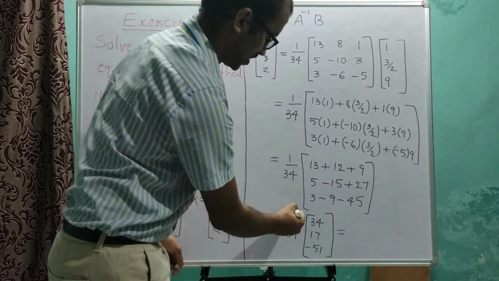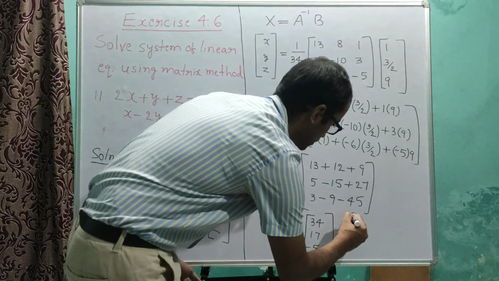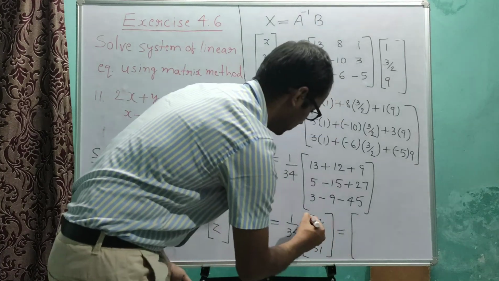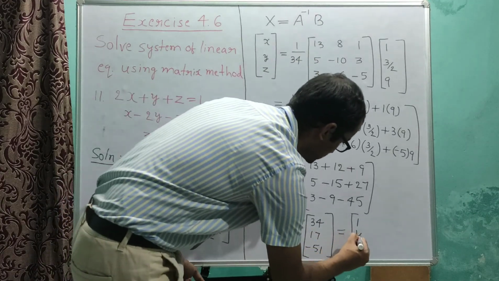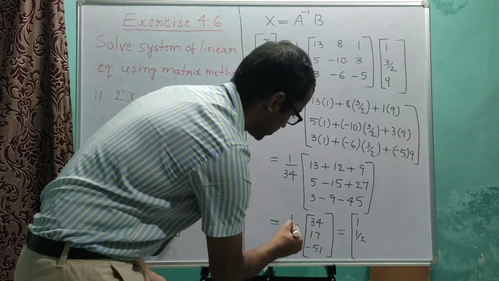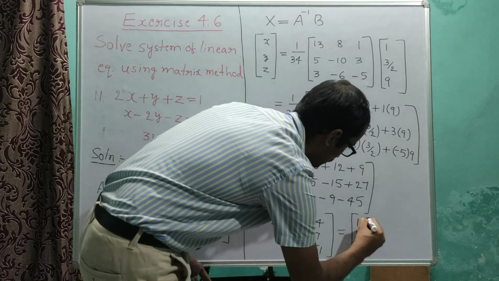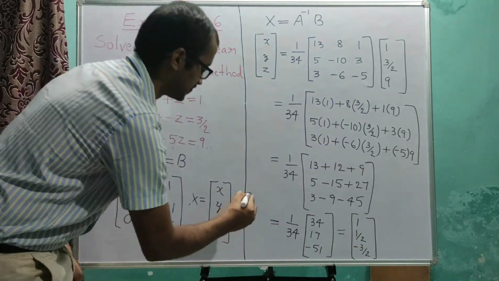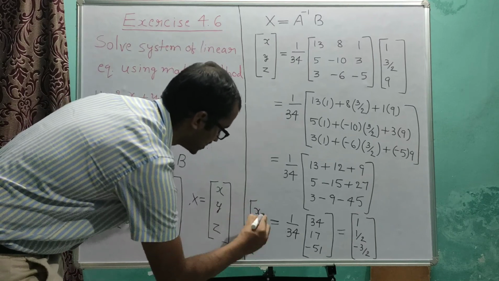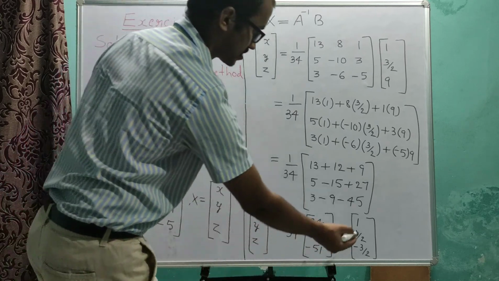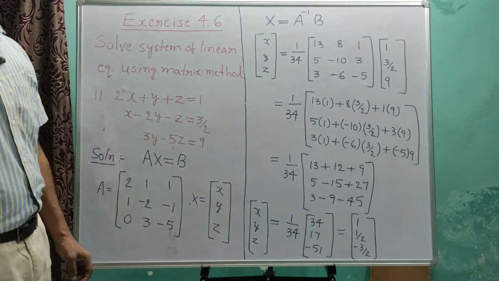So if you multiply 1 by 34 to each element of this column matrix, we get 34 by 34 means 1, 17 by 34 means 1 by 2, minus 51 by 34 means minus 3 by 2. So this is the column matrix x, y, z, which is equal to the column matrix 1, 1 by 2, minus 3 by 2.